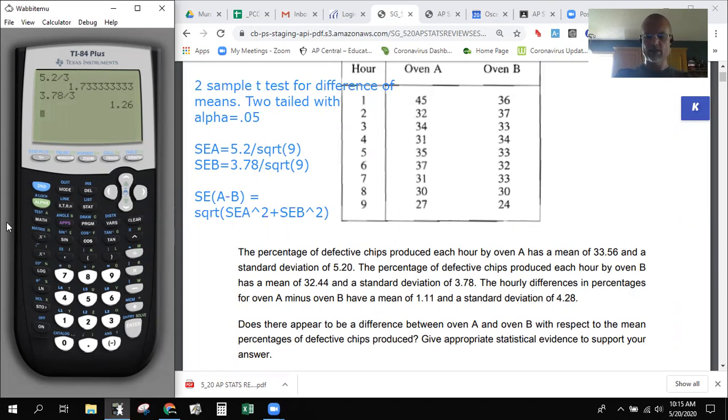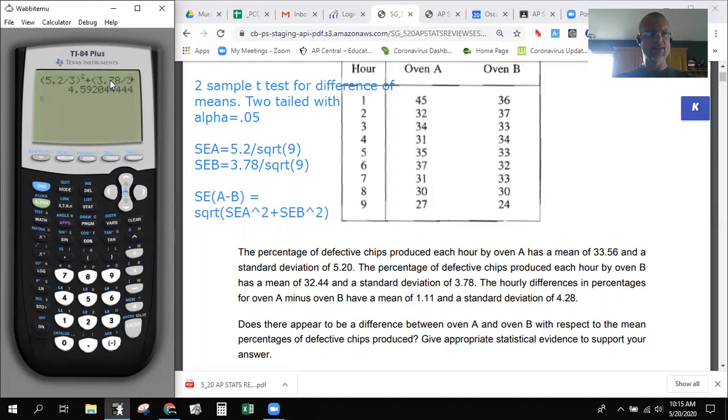So I'm going to take parentheses 5.2 divided by 3, parentheses, squared, plus parentheses 3.78 divided by 3 squared.